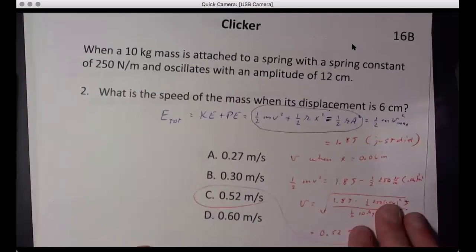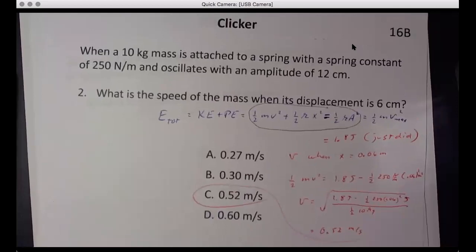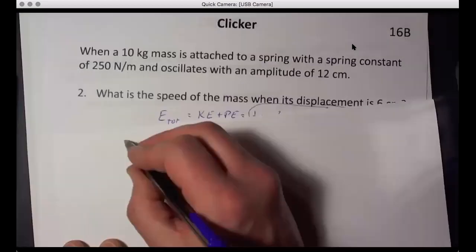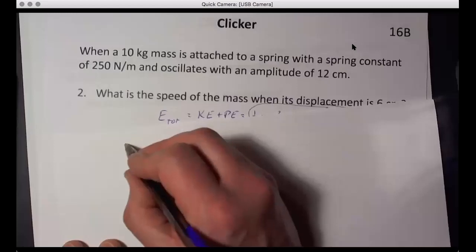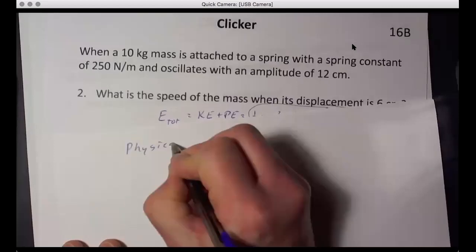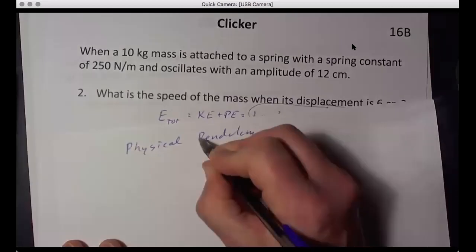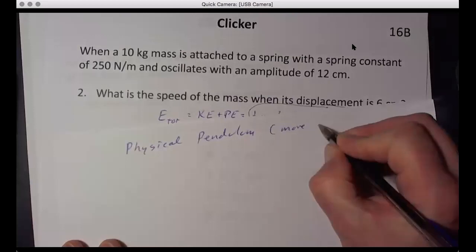And so that brings us to a conclusion almost on our elastic system, but I did want to bring one more thing up here, and that is the physical pendulum, which is to say the more general case.